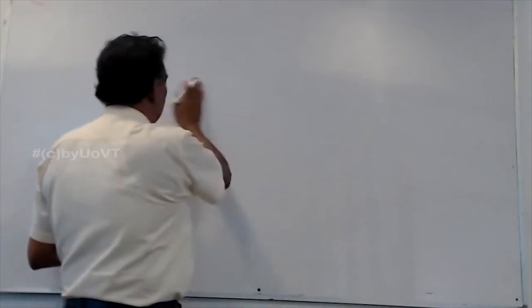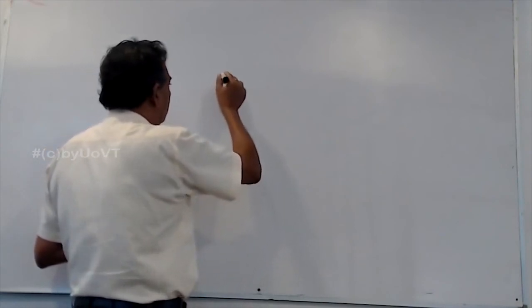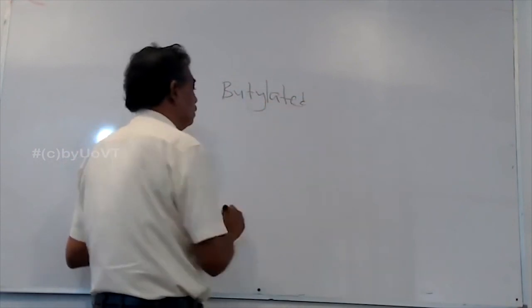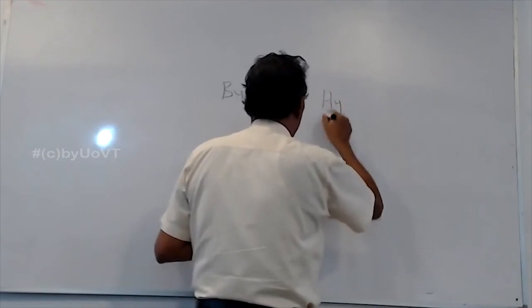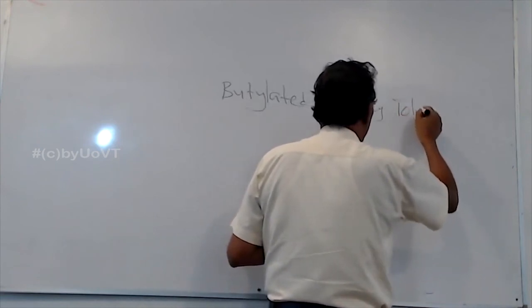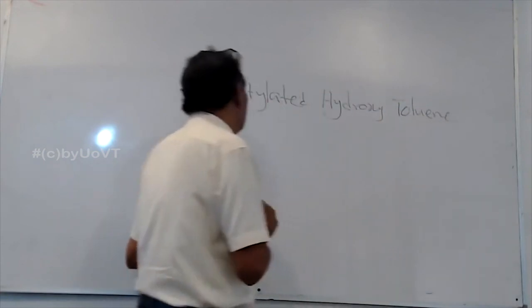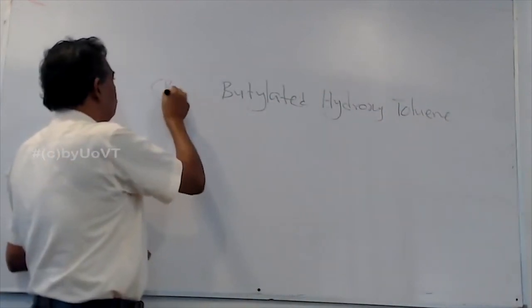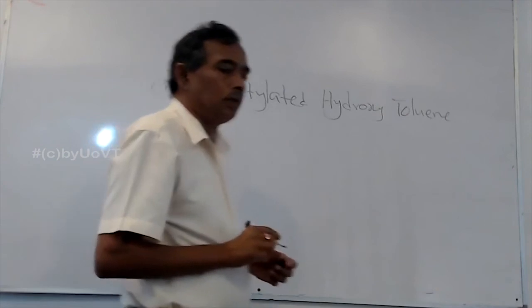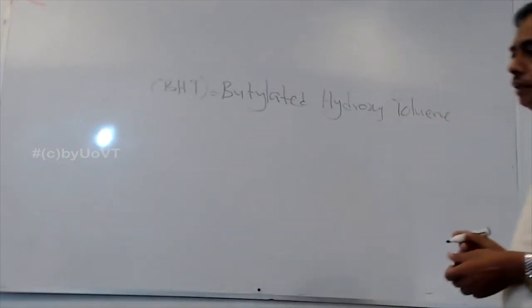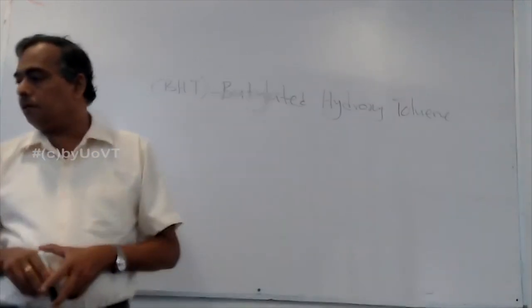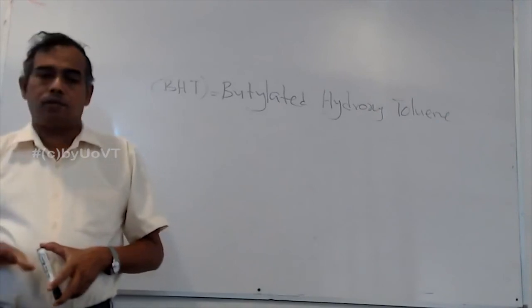So, a few examples of artificial antioxidants: butylated hydroxytoluene, short form BHT. Butylated hydroxytoluene means BHT.